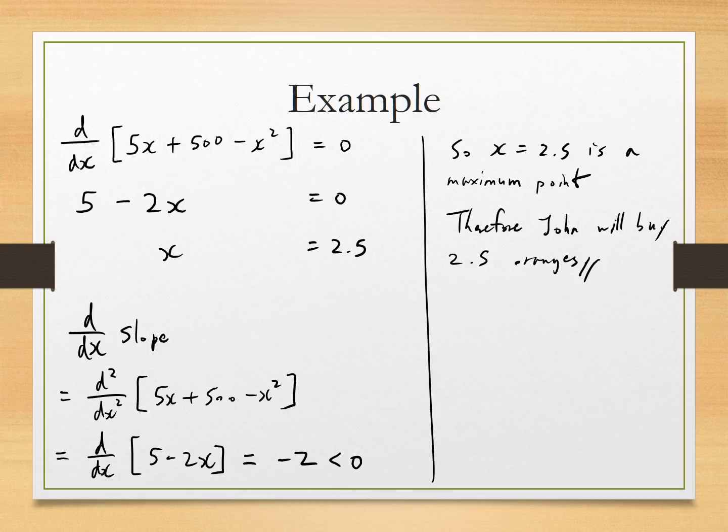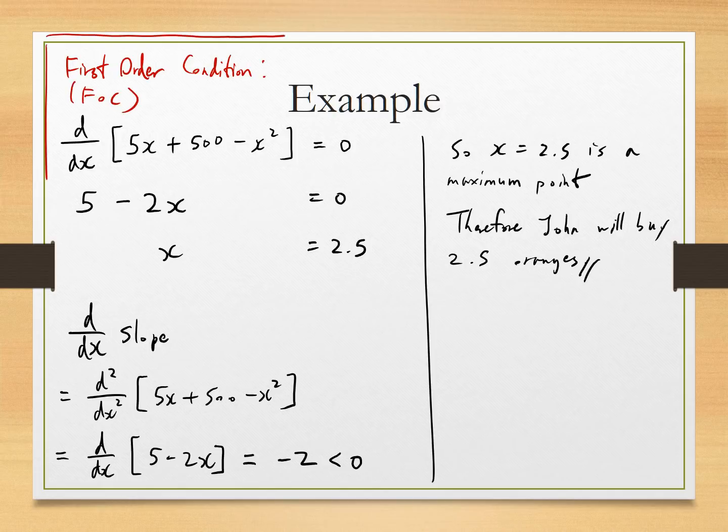We have names for this process. When you take the derivative of a function and set it to 0, it's called the first order condition. Or usually just FOC for short.